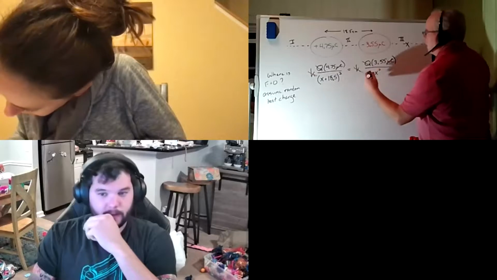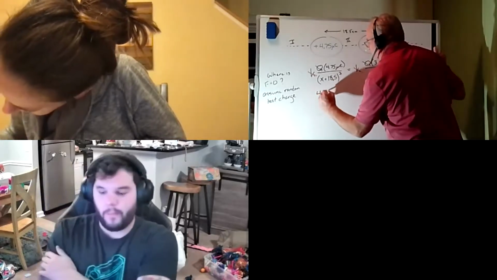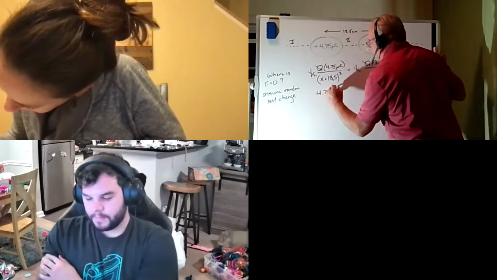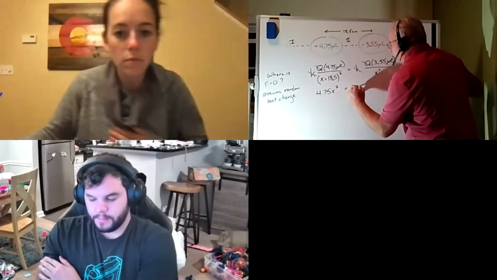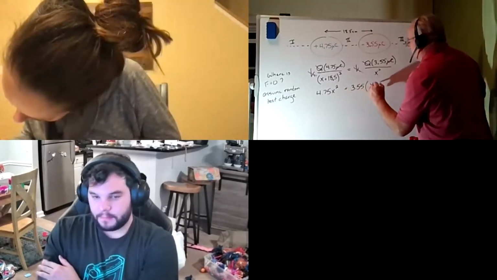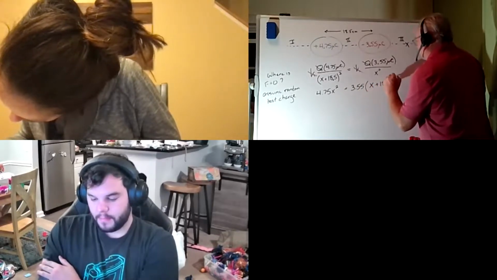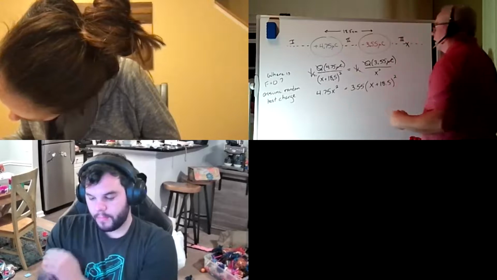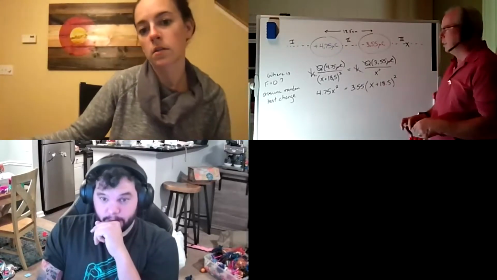And once I write that out, I'm still trying to solve for x. So I have 4.75 x squared is equal to 3.55 times x plus 18.5 squared. So it's pretty clear we just bought a ticket to quadratic formula town.